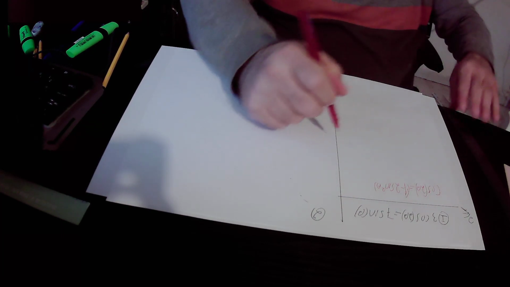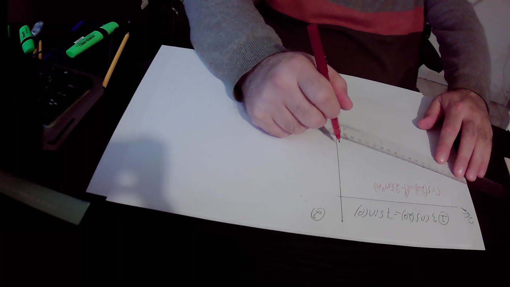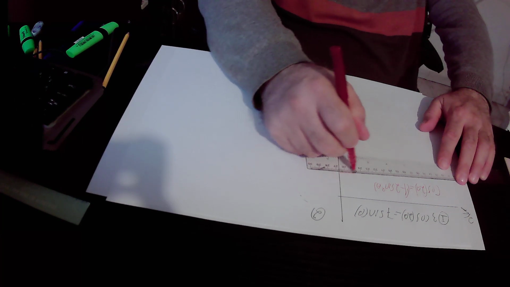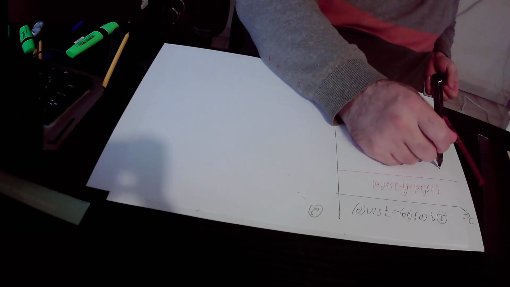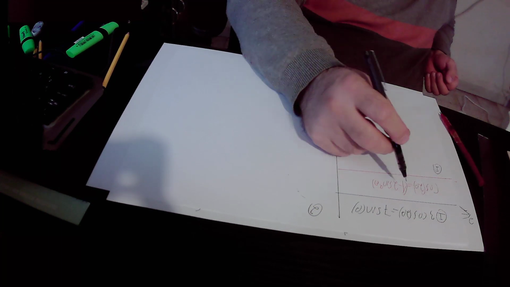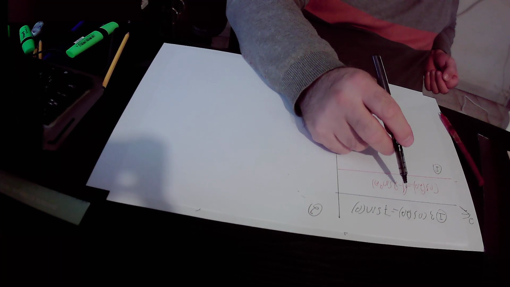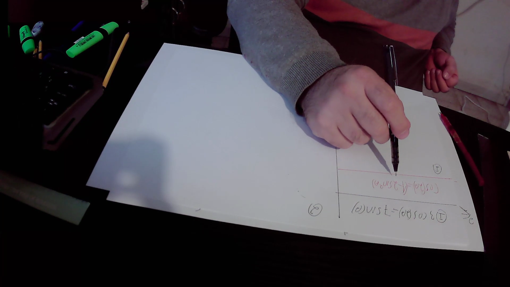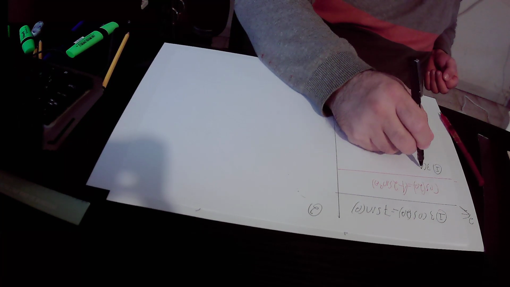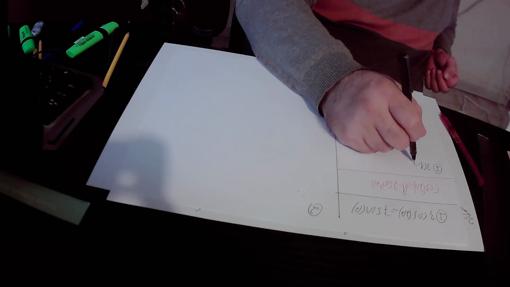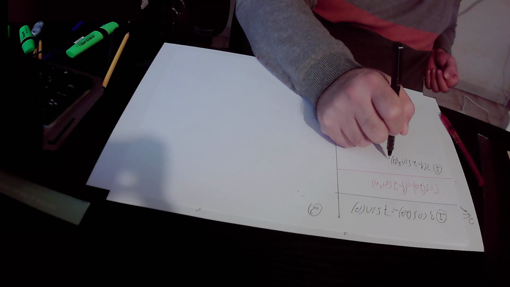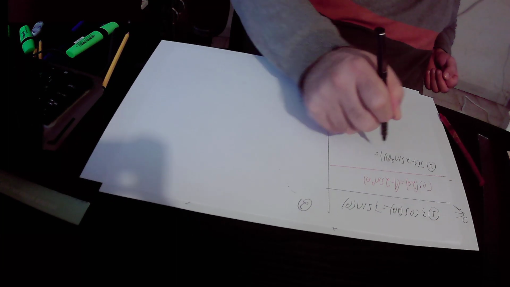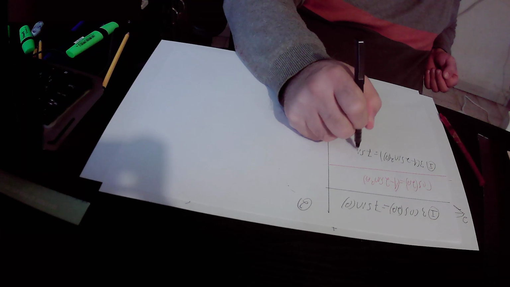So we will substitute cosine 2 theta in equation number 1 by 1 minus 2 sine square theta. We'll do it now, and we'll get that 3 times (1 minus 2 times sine square theta) equals 7 times sine theta.